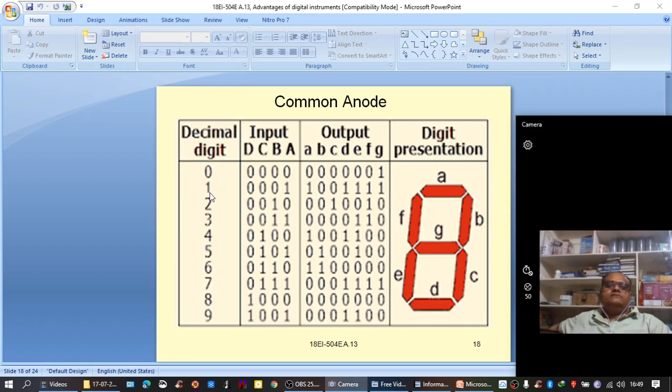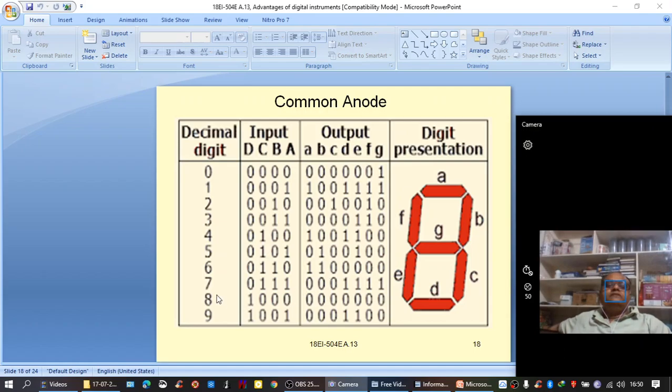Similarly, check for 1. For 1, only B and C should be allowed to glow. That means only B and C bits should be 0. Remaining all should be 1. So that is given in the truth table. Let us say 7. That means A, B, C. These three are to be zeros, remaining all are ones.